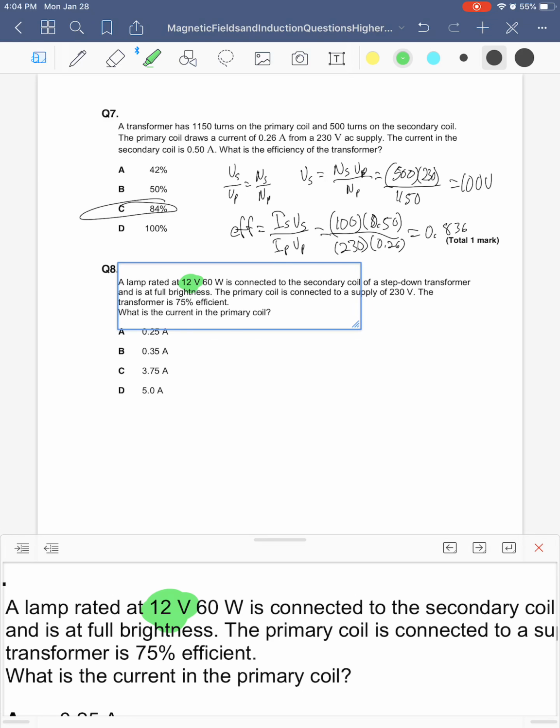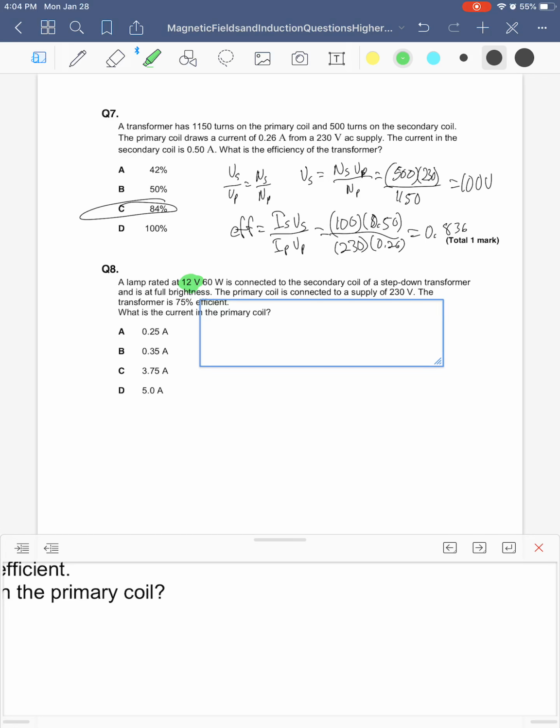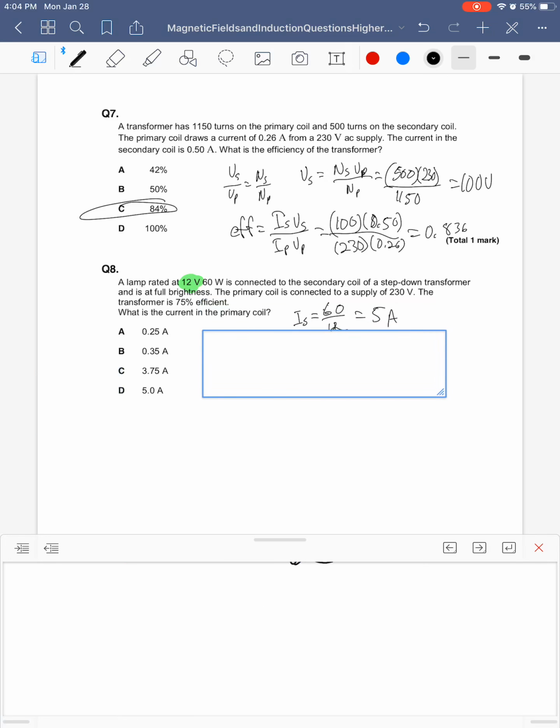The transformer is 75% efficient. What is the current on the primary coil? So we just work backwards a little bit here. So Is is the current that's flowing through our bulb. So that's 60 divided by 12, just rearranging P equals IV. So that's 5 amps.